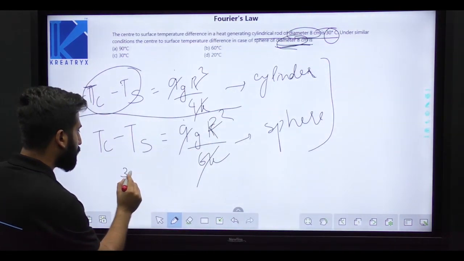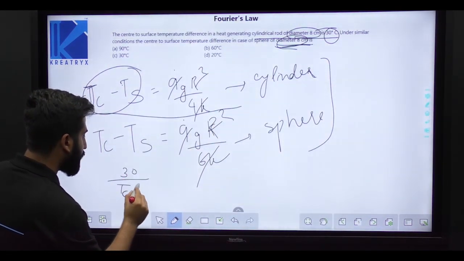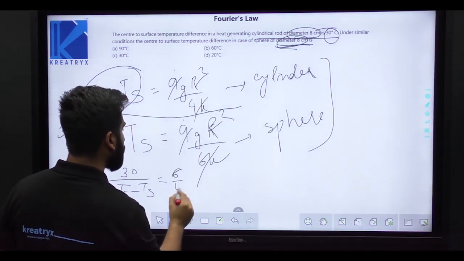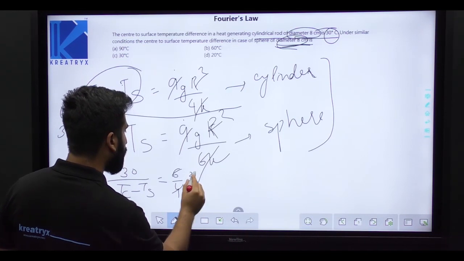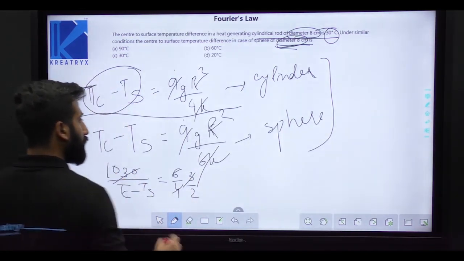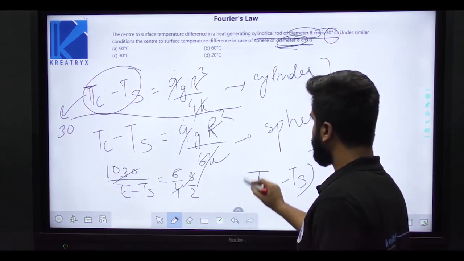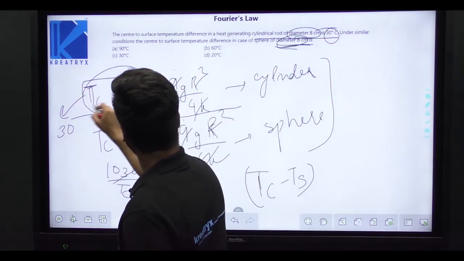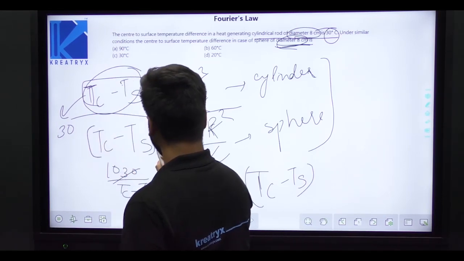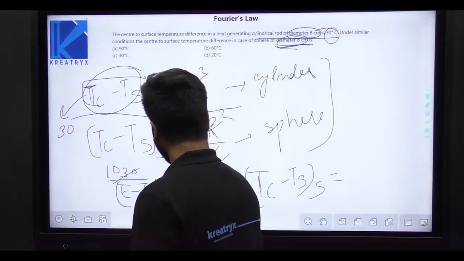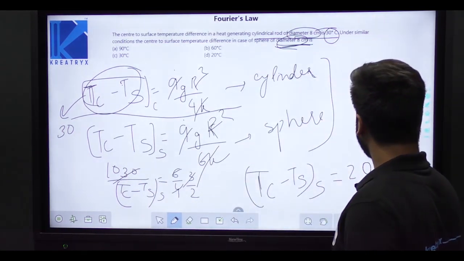So 30 by (TC minus TS) is equal to 6 by 4, that is 3 by 2. This cancels out 10. So this temperature difference for a sphere, this is for cylinder, this is for sphere, comes out to be 20 degrees Celsius.